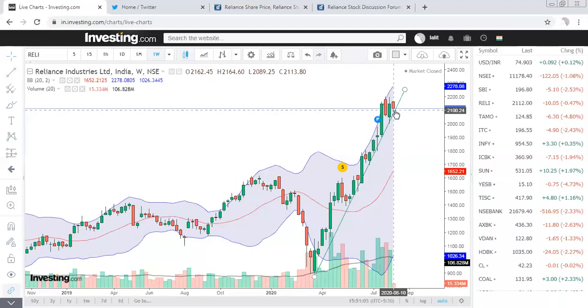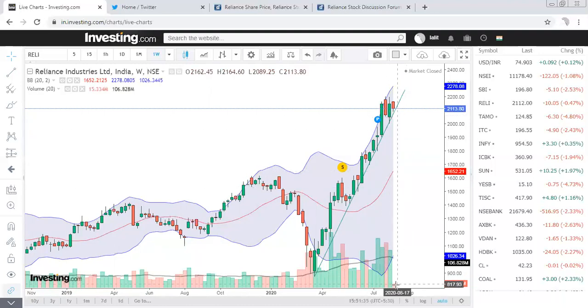Now, next week, if we start to trade below this support line, that is if we break 2090 and end the week below it, then this trend seems to have run its course, and we might begin to see a lower move here.